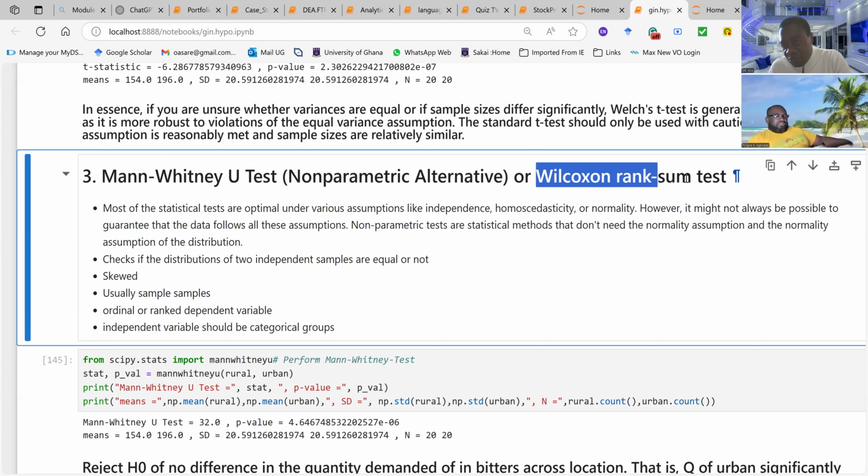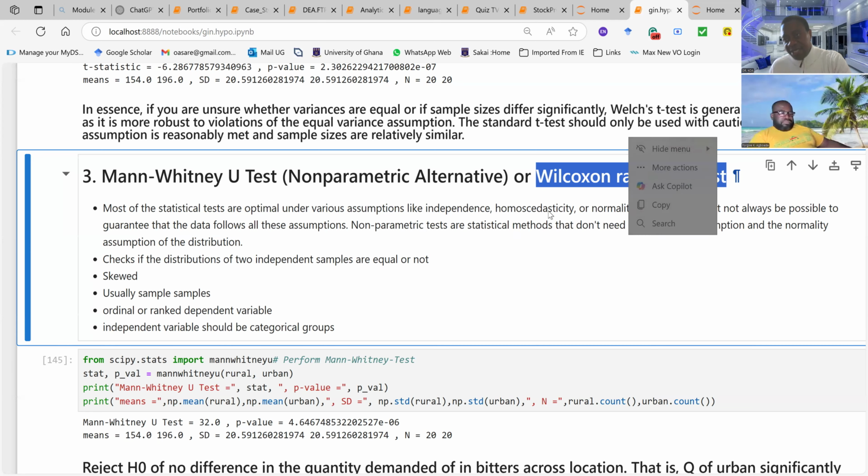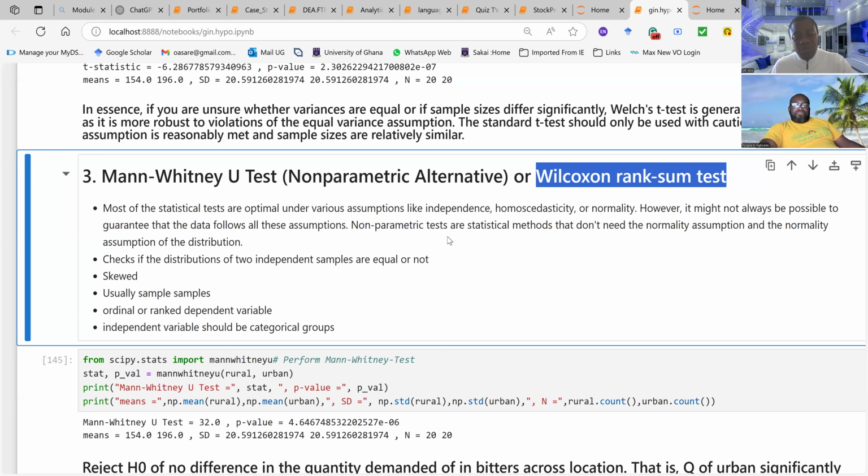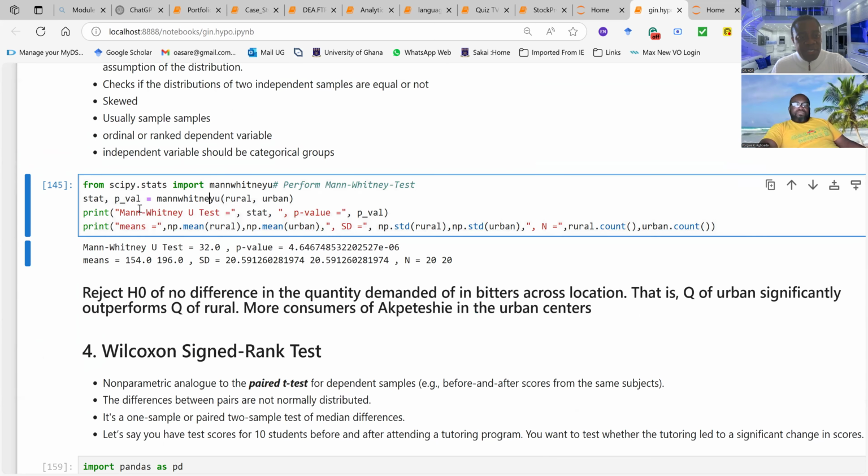Please note that the Wilcoxon rank sum is not the same as the Wilcoxon signed rank. Signed rank is when the data is paired. The good thing about our case is that our data is not paired. But because they are all 2020, we can assume they are paired just to demonstrate a point. Anyway, this is the Wilcoxon rank sum, also called Mann-Whitney.